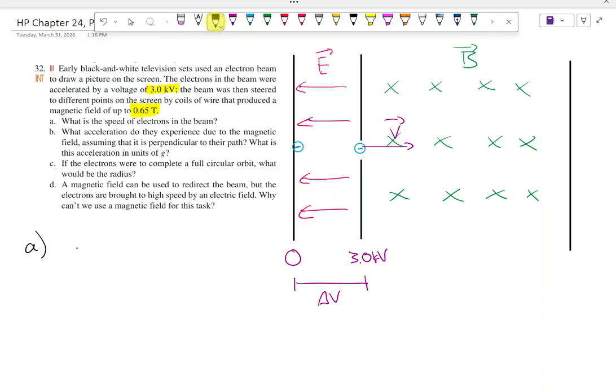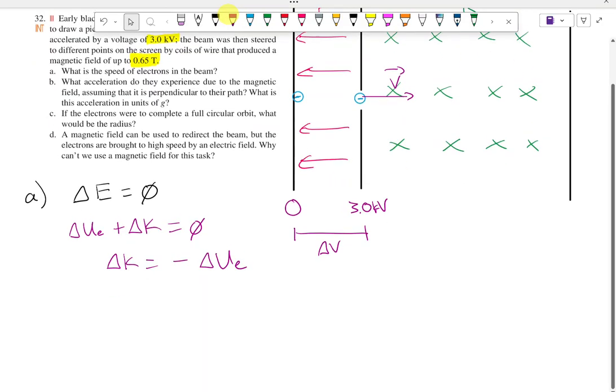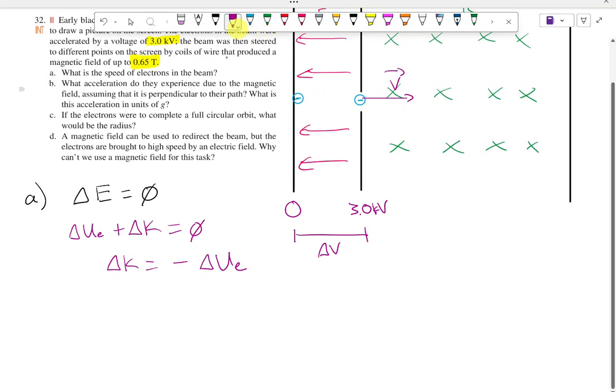To me, the easiest way is instead of saying the initial energy equals the final energy, I'm just going to say the change in energy is equal to zero. Then I can say the change in electric potential energy plus the change in kinetic energy is equal to zero. If I rearrange this, the change in kinetic energy is equal to the negative change in electric potential energy.